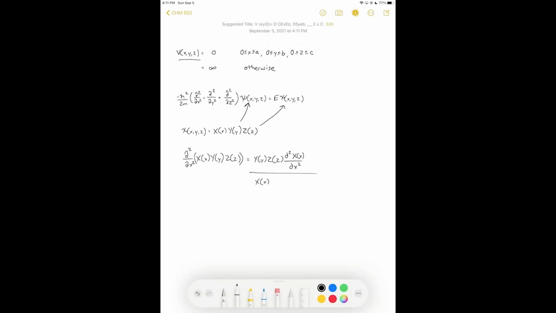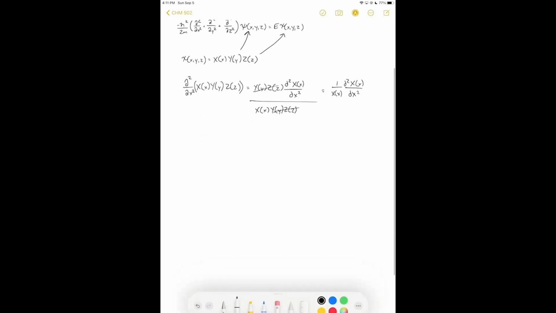So if I divide like this, we'll notice that the y and z components are going to cancel out. And what I'm left with is 1 over X as a function of x times two derivatives of X with respect to x. And I can do that for all three terms, which will simplify my wave equation into the following.